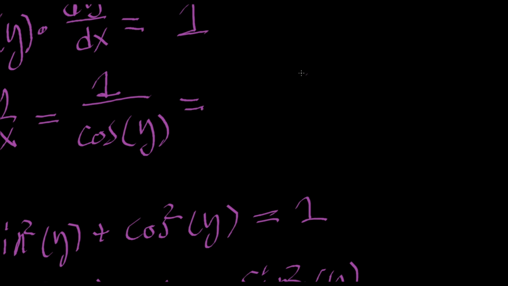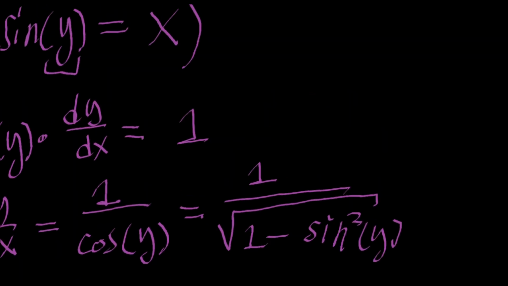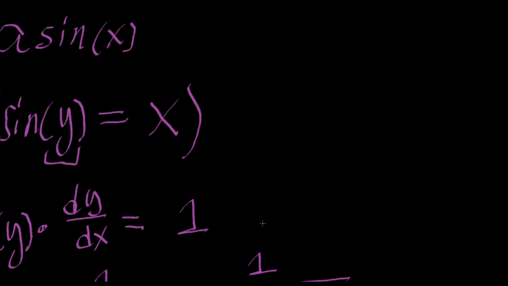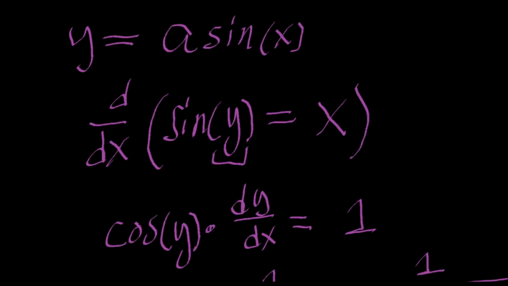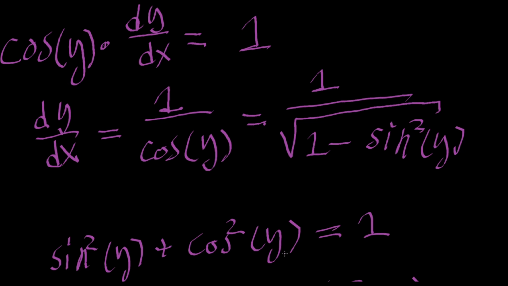This is equal to 1 over the square root of 1 minus sine of y squared. But what is this y? This y was just arcsine of x, which is what we started with. So we might as well just plug in arcsine of x here.